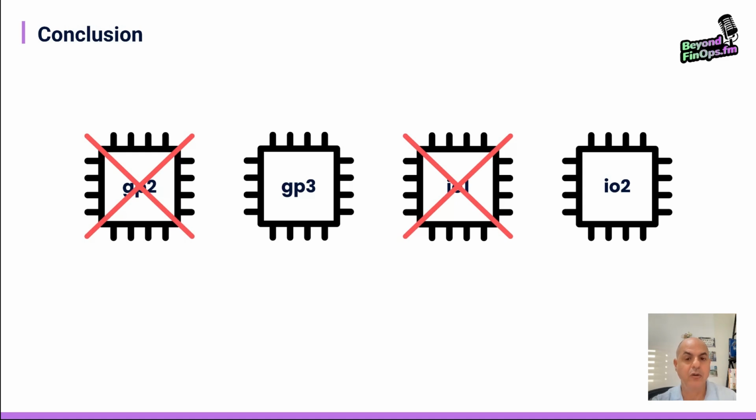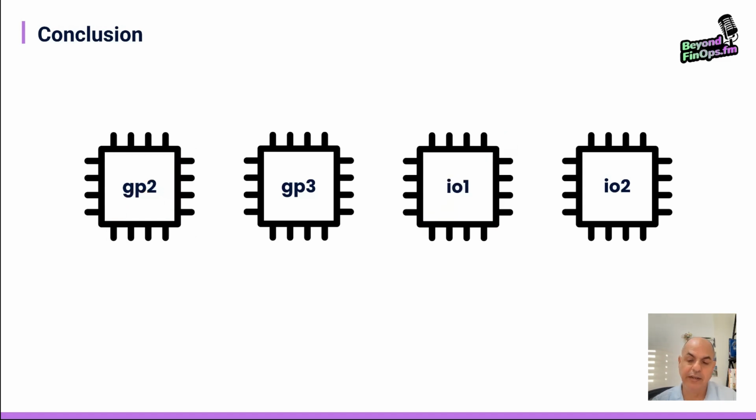We saw that IO2 should be used only in extreme or specific use cases where you need IOPS larger than what GP3 can provide, or throughput or multi-attach capabilities.